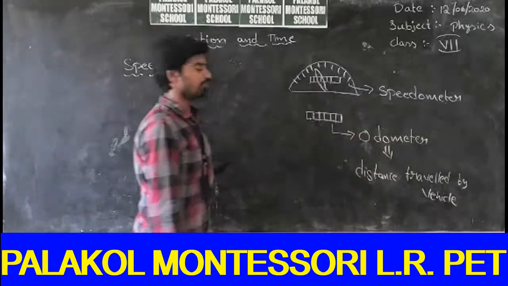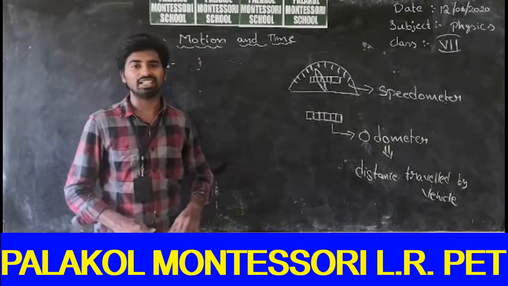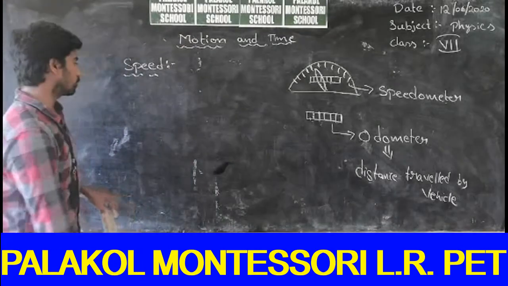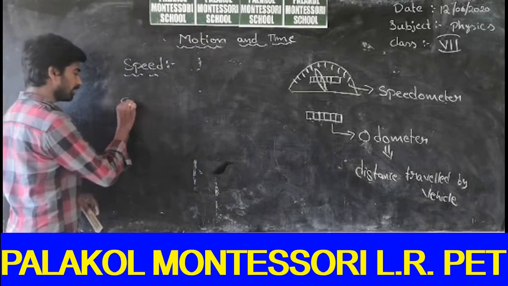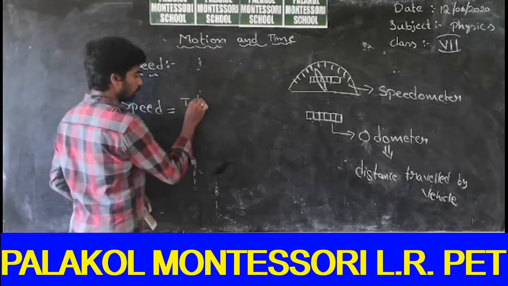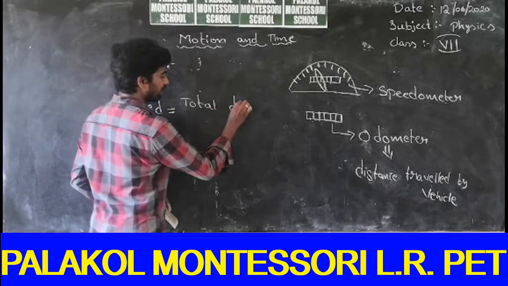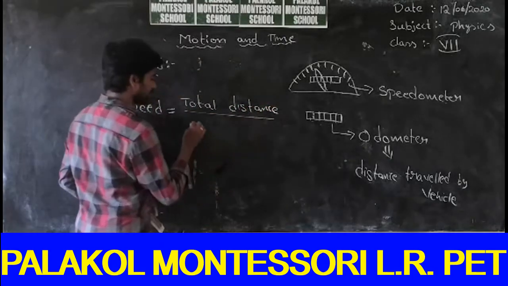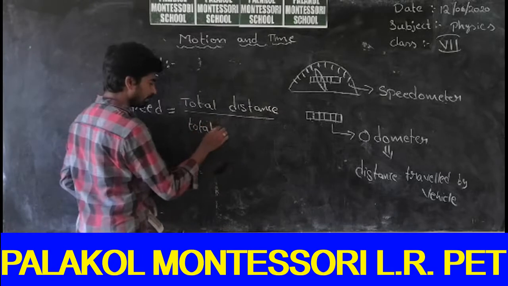So how can you find the speed of a vehicle, or of any object? To find the speed, there is a formula: speed is equal to total distance by total time taken.